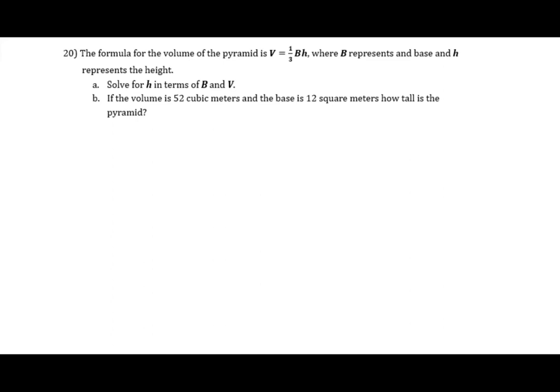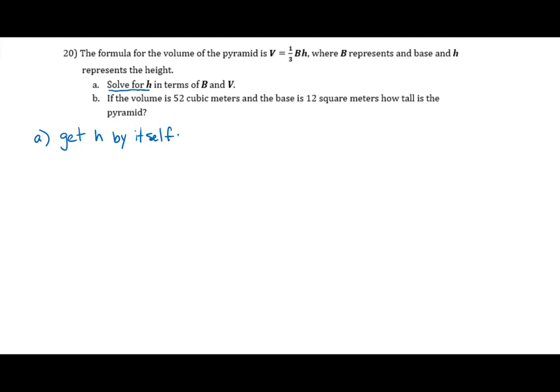So what that means is, let's say for part A, solve for H, and I'll be very informal in my description here: get H by itself. So we want to rearrange the equation to get H by itself.